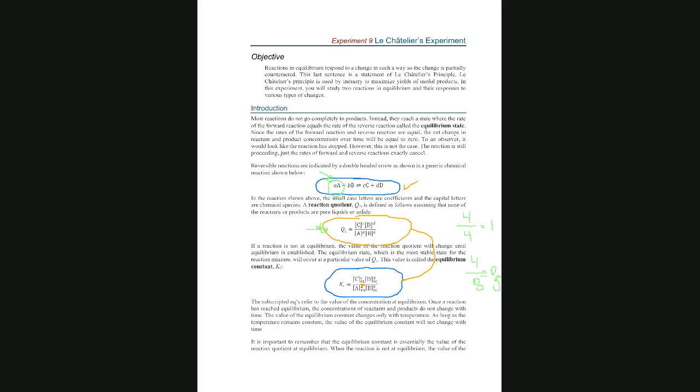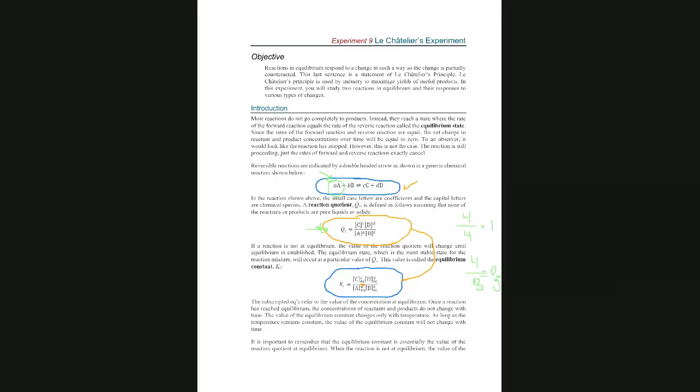The system tries to go to equilibrium. So what is it going to do? The only way for QC to have the same value as Kc is with A smaller and the products bigger. Right? Does it make sense so far?